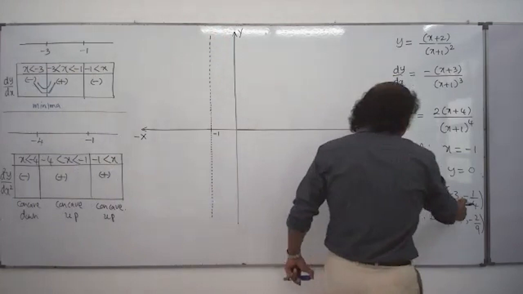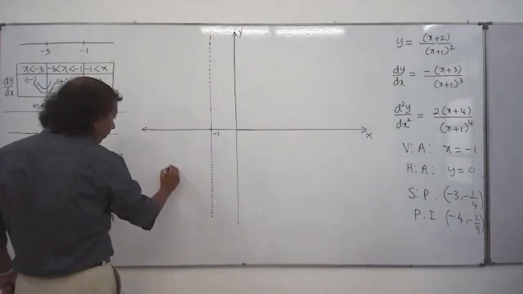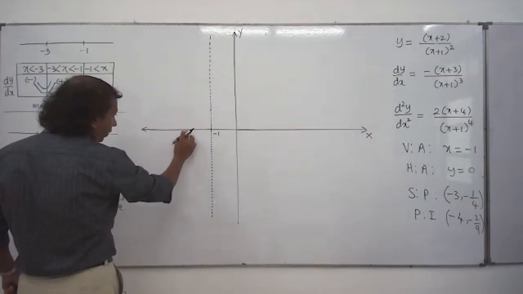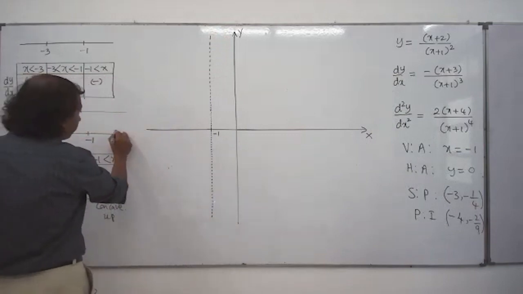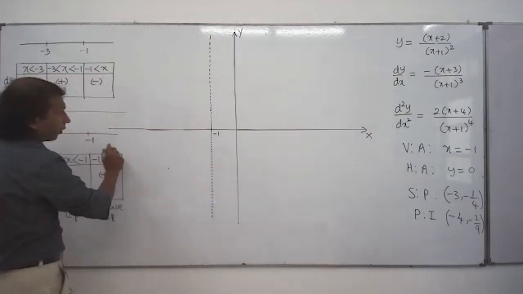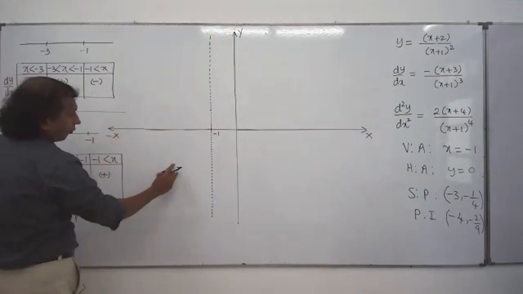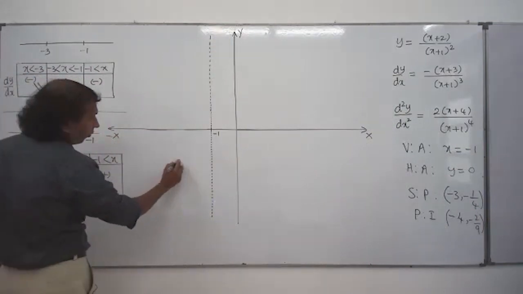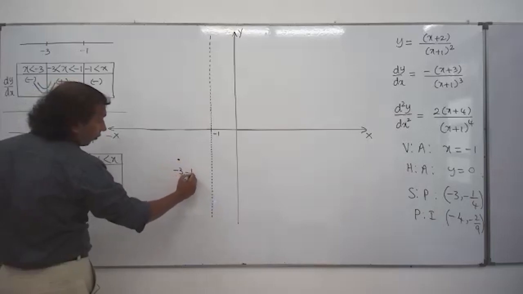Minus 3, minus 1 by 4. Minus 3 is somewhere here. Take minus 3 somewhere here. Minus 2, minus 3. Minus 3 here. Minus 3, minus 1 by 4.